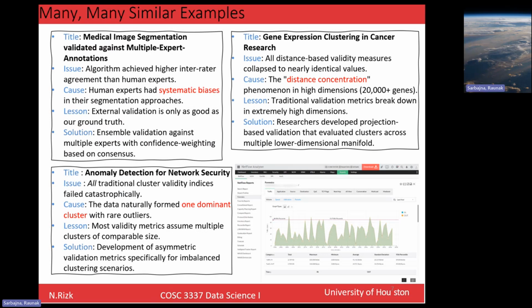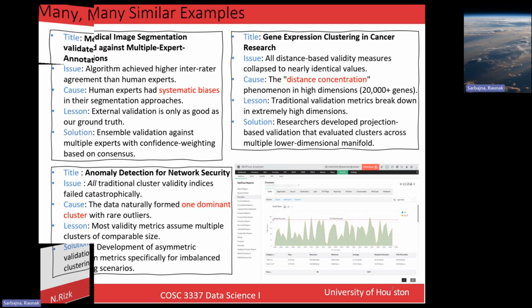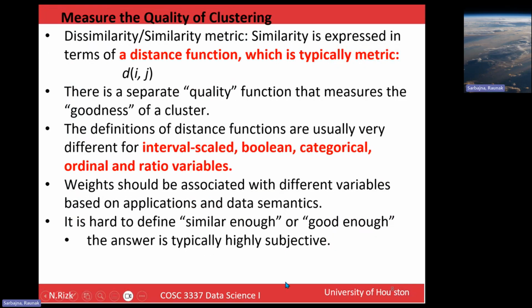So now let's go into actual cluster analysis, and some of the terms and attributes that we talk about. So measuring the quality of the clusters that we were talking about, initially the very fundamental metric that we use is a dissimilarity or similarity metric, which is expressed in terms of a distance function.